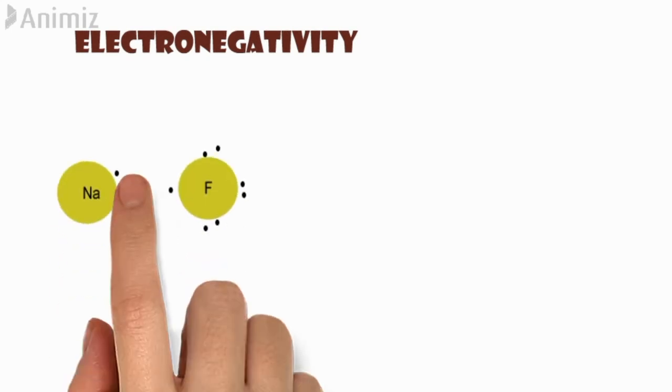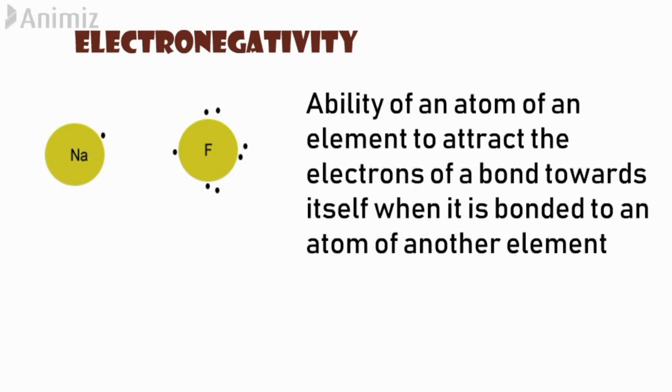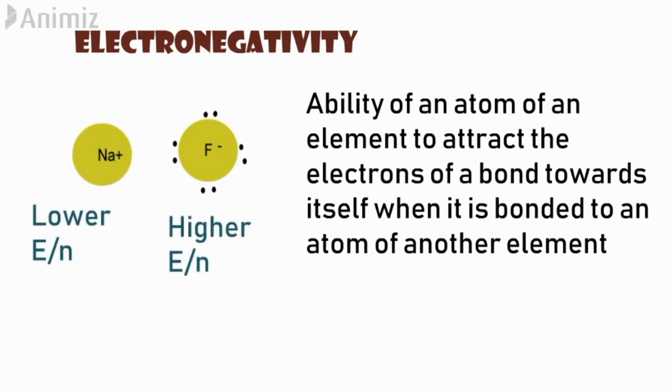Now let's move on to our second property, electronegativity. Electronegativity is the ability of an atom to attract the electrons of the bond towards itself when it is bonded to another atom. Always the higher electronegativity element attracts the electrons from the lower electronegativity element.